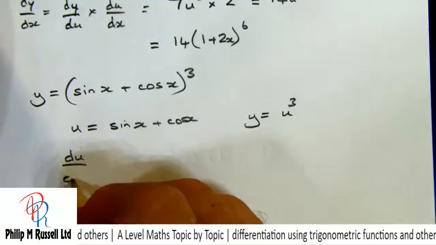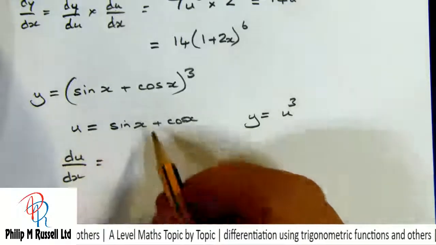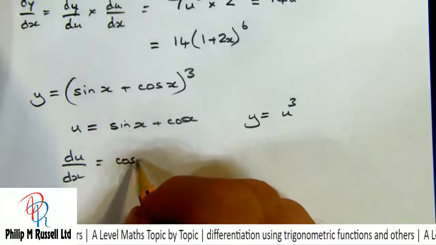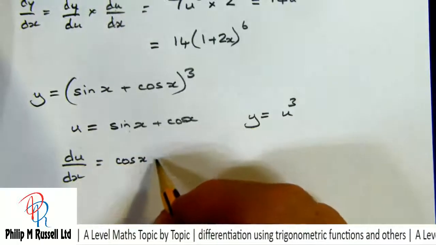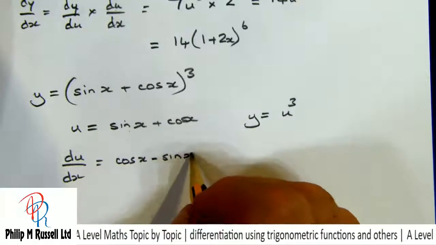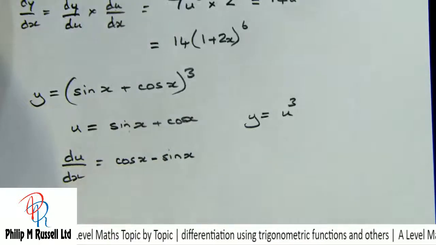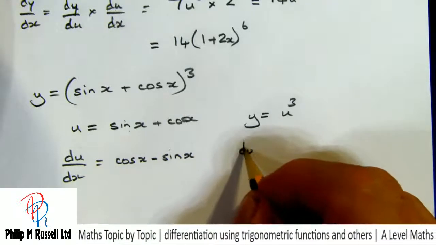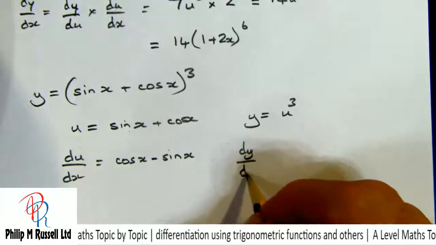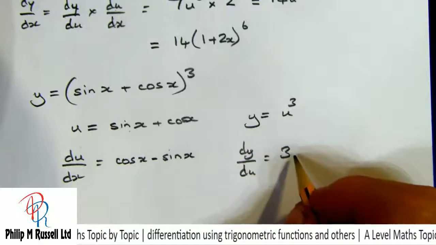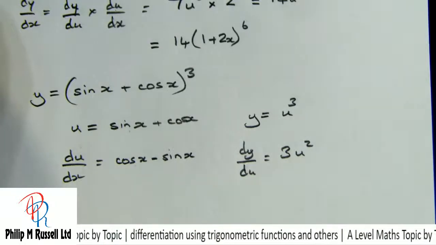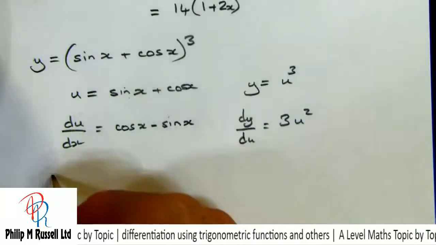For du by dx here, we'll need to differentiate these. So sine is going to become cos x, and cos x is going to become minus sine x, and my dy by du is going to be 3u squared.